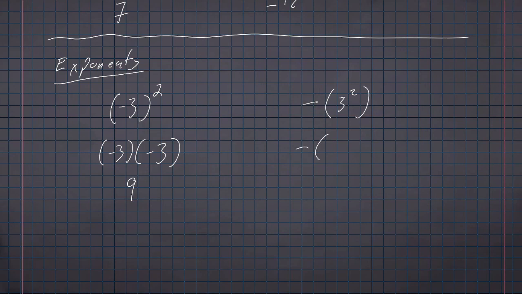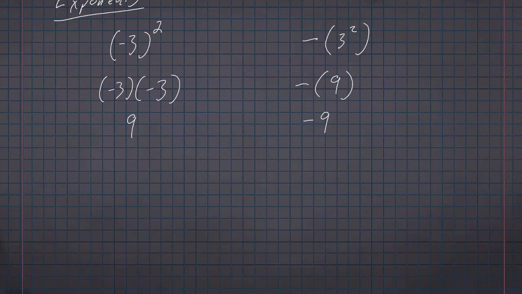Following the order of operations, I will first work inside the parentheses. 3 squared is 9, and then the opposite of 9 is negative 9. That's not too bad, I hope you agree.